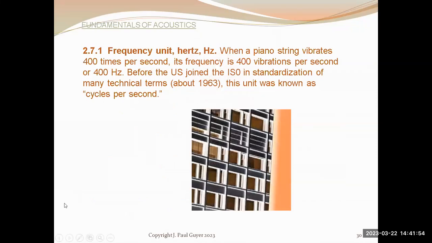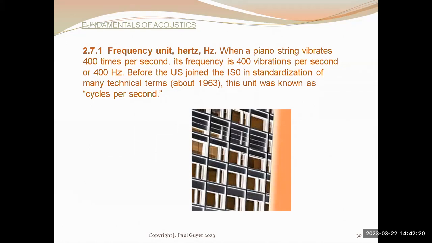The one thing to be aware of in building design as far as vibration is concerned is resonance. Every mechanical or structural system in the real world has what is called its natural frequency.